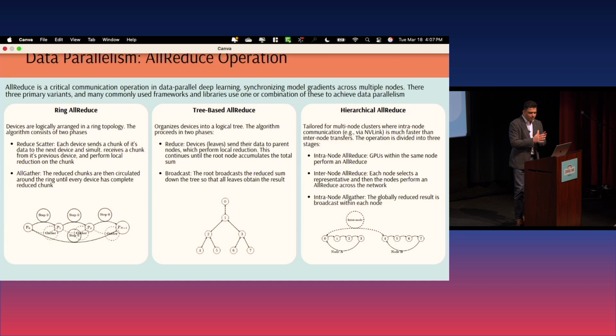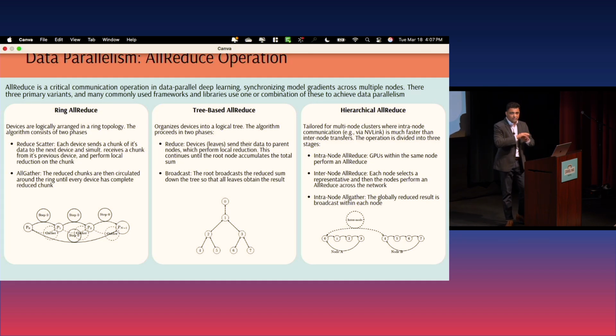Now, each GPU collects the information from a previous GPU, if you were to assume them to be in a sequence. It performs a reduce operation on that collected information, and then passes it on to the next.